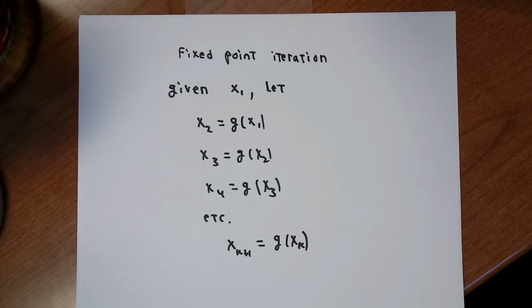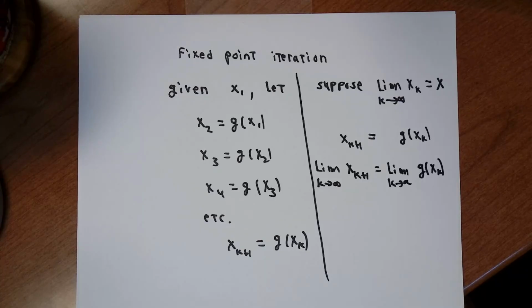If g is continuous, and if this sequence of x numbers converges to something, then we can draw a conclusion. If you write down the fixed point iteration and take the limit as k tends to infinity, then the left-hand side must have a value equal to x, and the right-hand side, because g is continuous, the limit of g values of various quantities is the g value of the limit of those quantities.